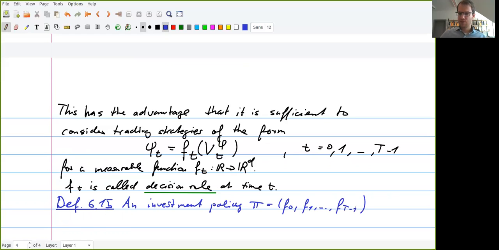So an investment policy is a vector of the decision rules I make, so how I split up my capital at each time, a vector of T decision rules.